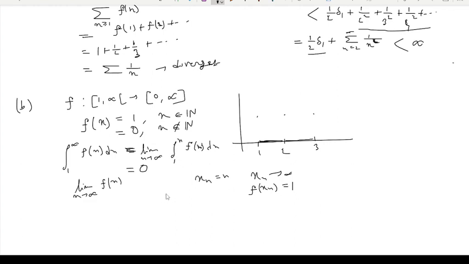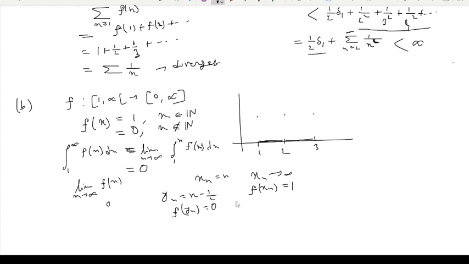And also if we take another sequence yn that is not a natural number, just take yn equal to say n minus half. So clearly all f of yn equal 0 by our definition.